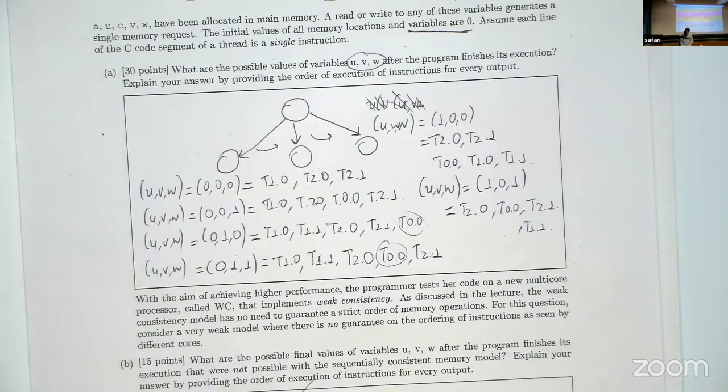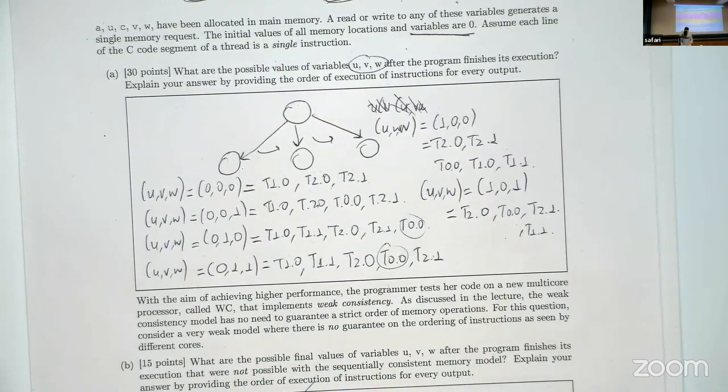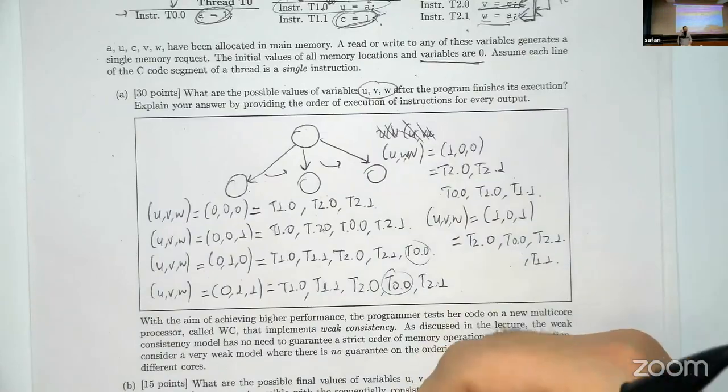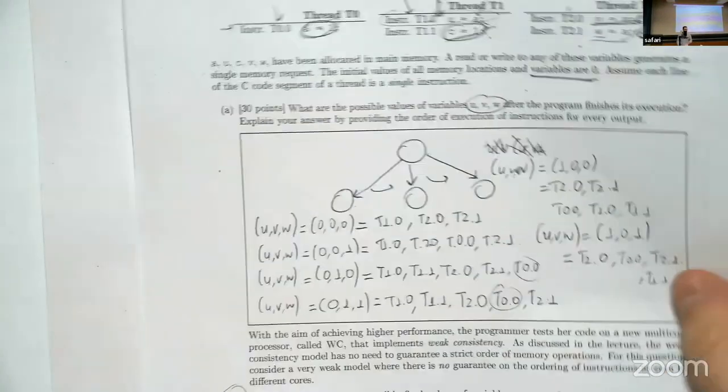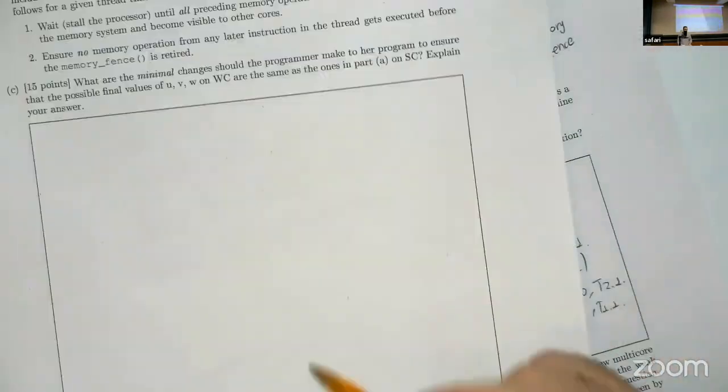T20, T21, T00, T10. This is another example, which is optional for this question, right? But if you do not find this, then you cannot answer this one, basically.